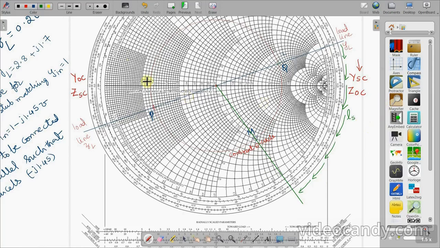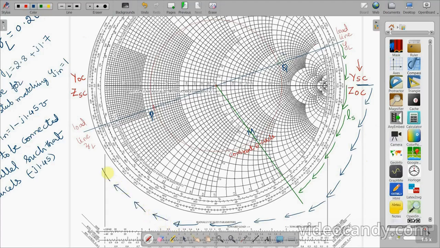Now measure the distance from the YSC towards the generator in the clockwise direction till the mark of plus j1.45. That gives the length of the stub.